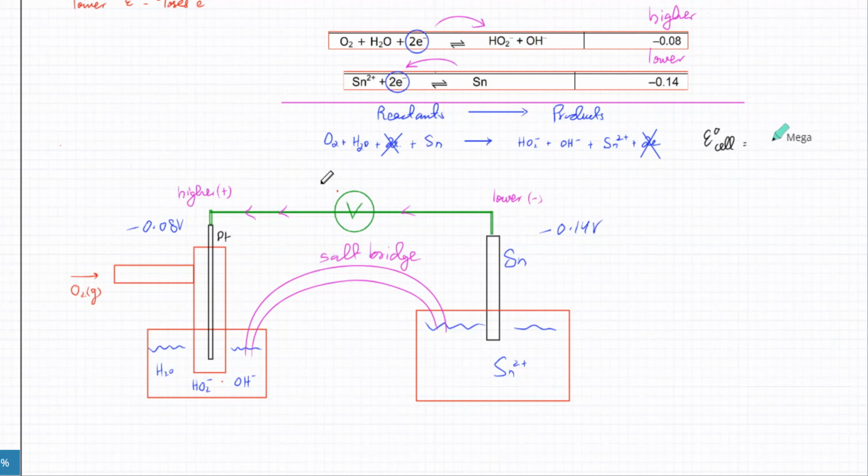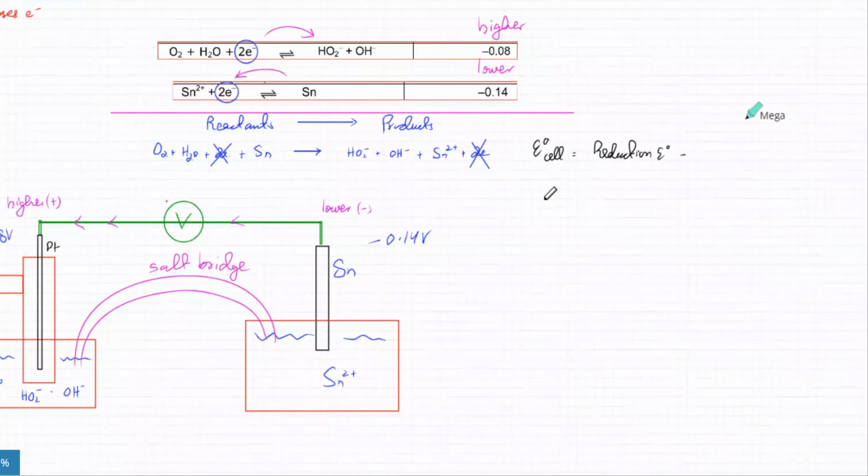So what is the potential difference over here? You already know, you subtract them, and it's always the higher potential minus the lower potential. But to be technical, it's going to be the reduction E0 minus the oxidation E0. It's basically higher minus lower.